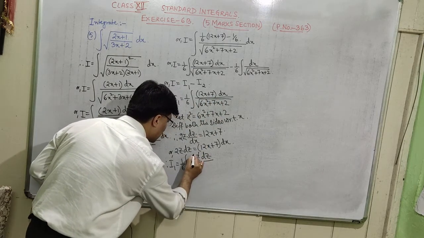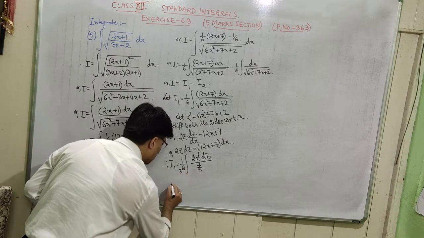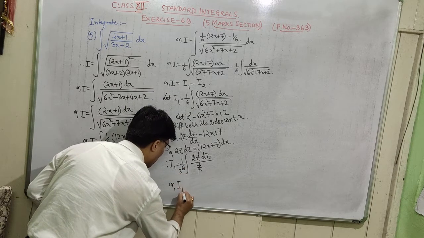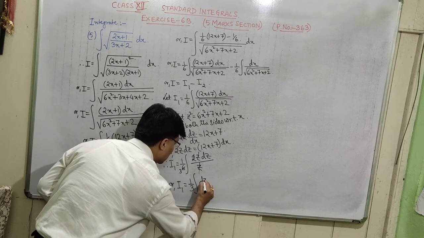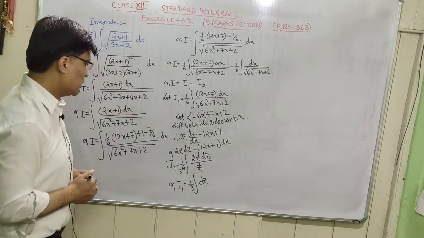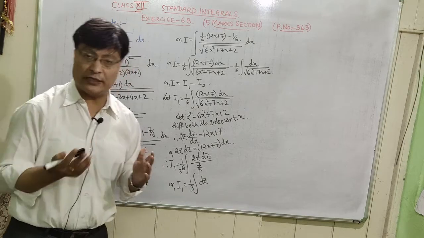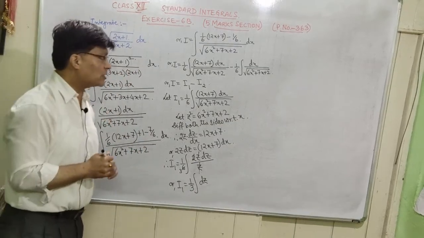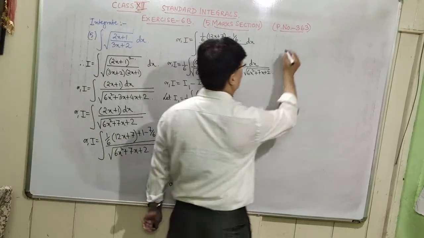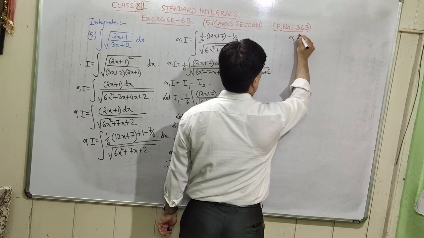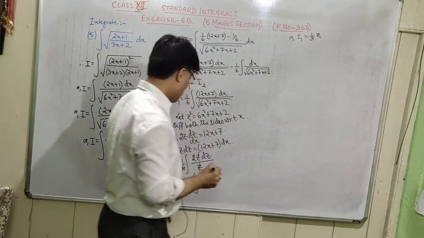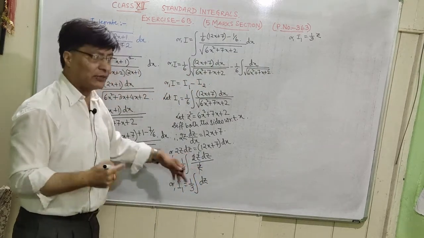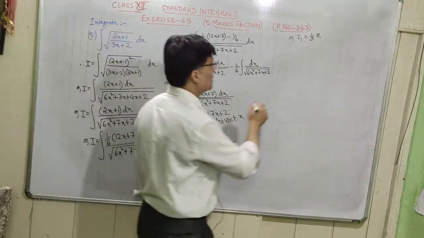So here z gets cancelled, 2 ones are 2, 2 sixes are 6, or I1 is equal to 1/3 integration of dz. So what is integration of dz? That is your z. So I1 is equal to 1/3 z, then you have to write plus c.